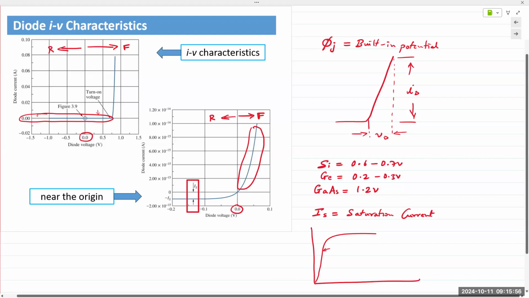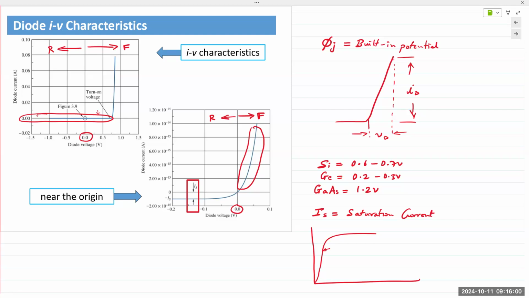Okay, and if you didn't do this in the lab, you can still do it anytime, right? You take the first PSpice circuit, single diode, single resistor, just run the simulation from, let's say, -1 to +1 volt, -2 to +1 volt, -3 to +1 volt, and you'll be able to see this kind of current, okay, in the positive side. And you'll also be able to see a reverse current when you zoom into the y-axis.